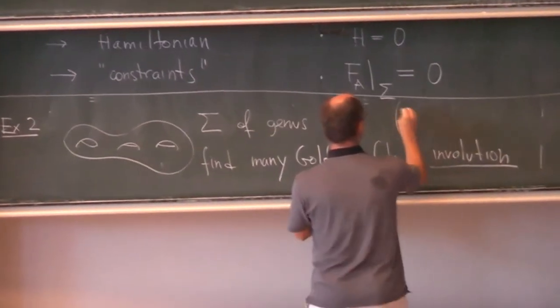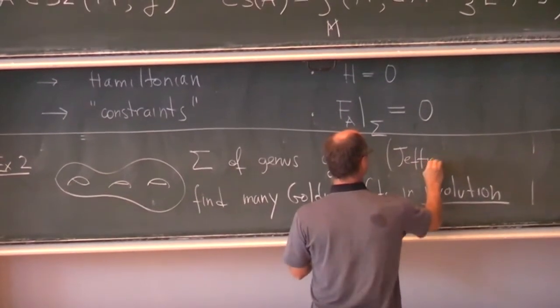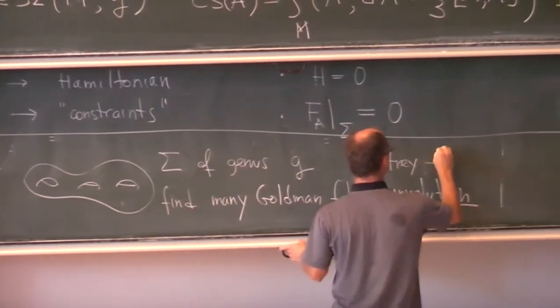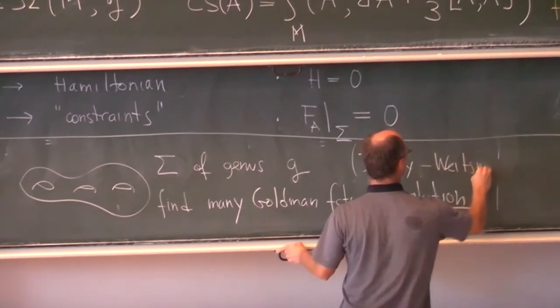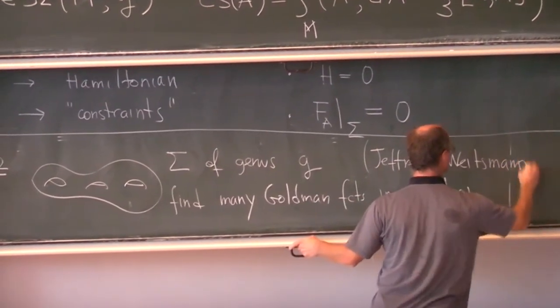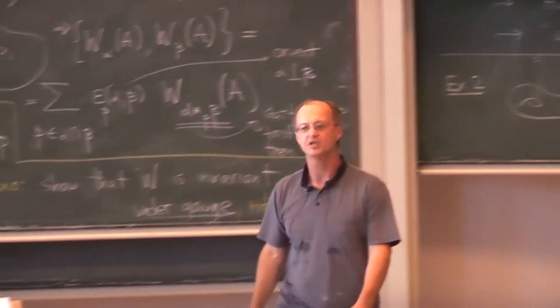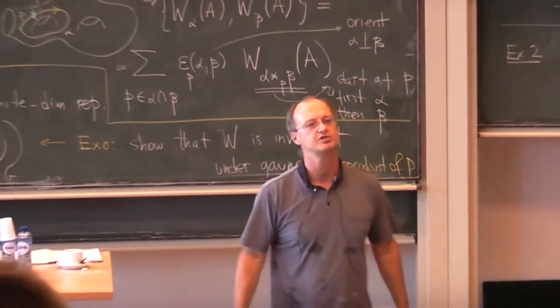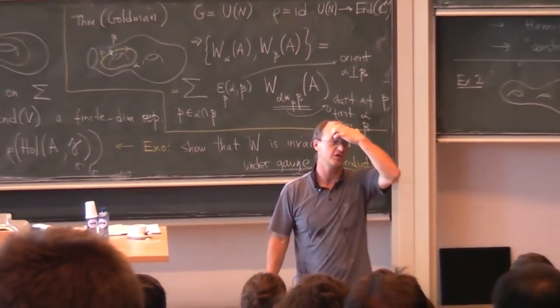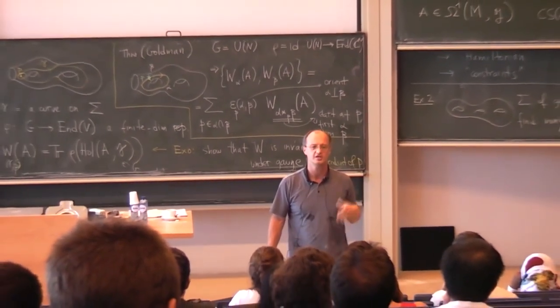If you succeed, then tomorrow we'll do the dimension count. And if we get enough functions, then following Jeffrey and Weitsman, we'll construct a completely integrable system for the case of G equal U(2) or SU(2).